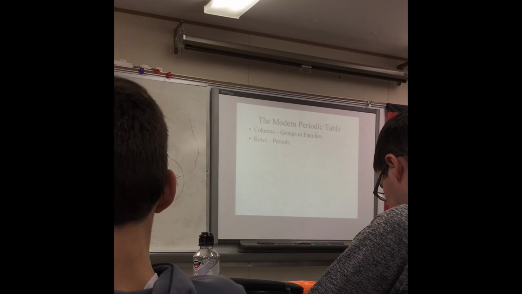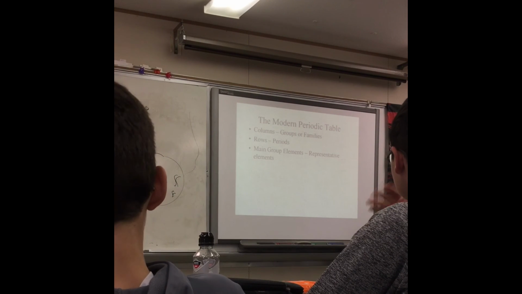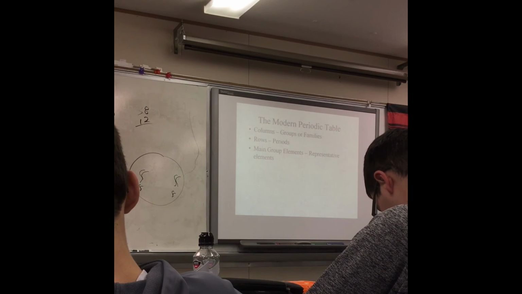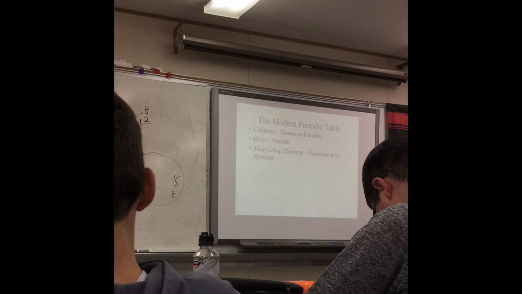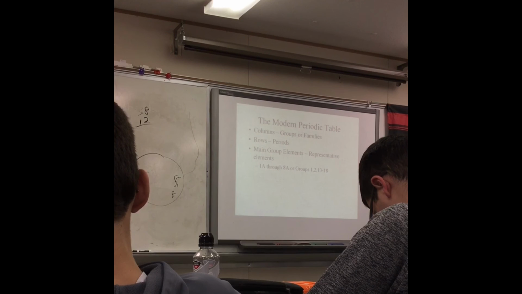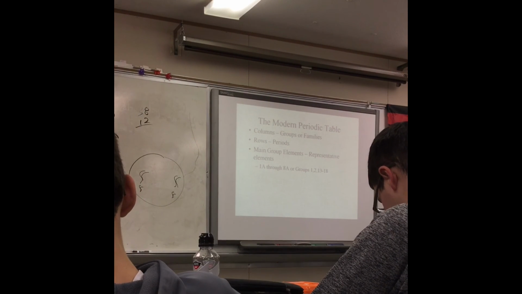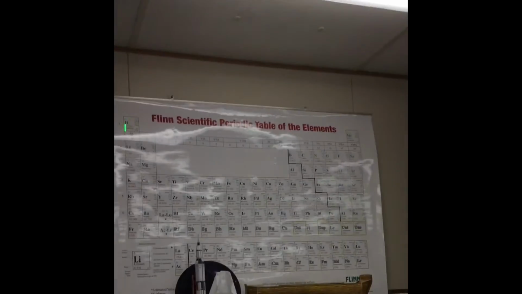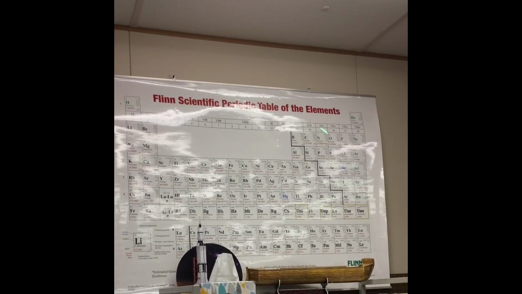What else do we have? Well, we have groupings, blocks and so on. We have what's called the main group elements, or representative elements. I've already alluded to this in the previous chapter. Which ones are we talking about? We're talking about the 1A through 8A, or the groups 1, 2, and 13 through 18. So the main group elements are the first 2 columns and the last 6.